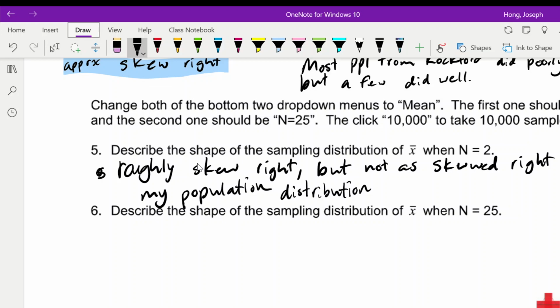Describe the shape of the sampling distribution of x bar when n equals 25. So this is approximately normal.